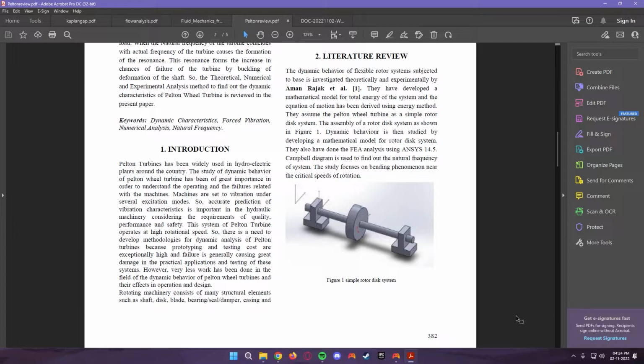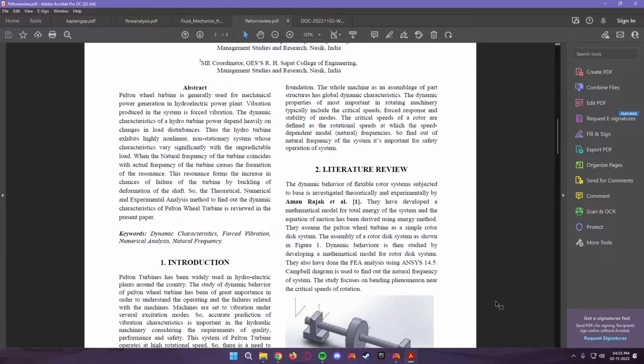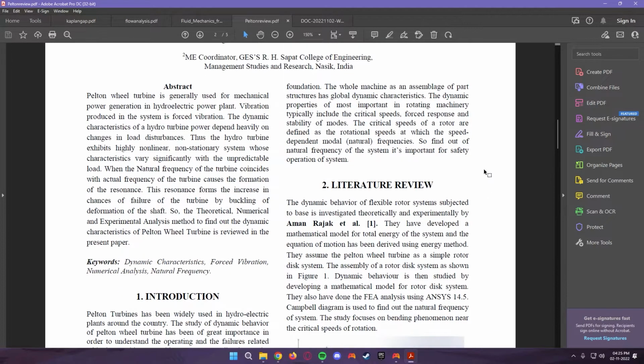Rotating machinery consists of many structural elements such as shaft, disc, blade, bearing, seal, damper, casing, and foundation.